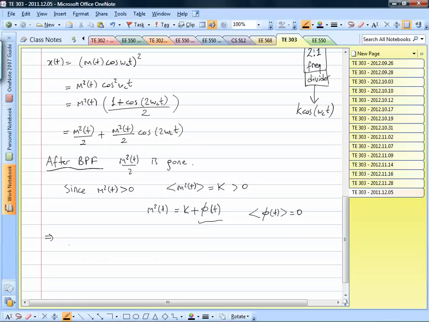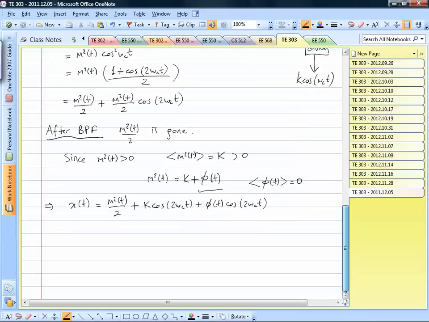So now I can see that there is clearly some carrier signal appearing in x of t. So x of t, we can write it as, okay, I'm going to keep this m squared t over 2 because it's not gone yet, plus k cosine 2 omega ct plus phi of t cosine 2 omega ct. Okay, so now the bandpass filter should be tight. So if your bandpass filter is tight, this one really will not have a lot of components.